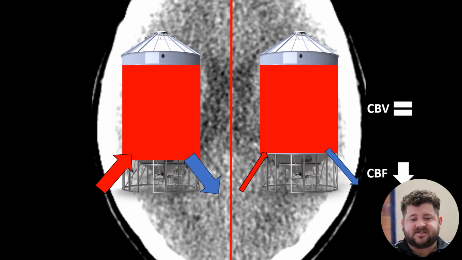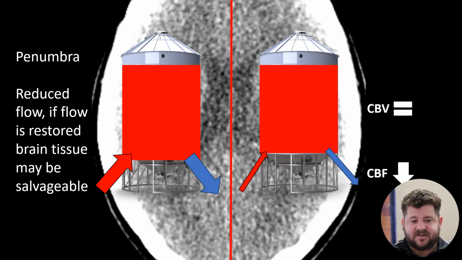What that means is if we can restore that flow, it's more likely that that brain tissue is going to be viable and it's going to recover from this stroke event. So this is what we call our penumbra. So when we restore it, it's more than likely going to be salvageable.